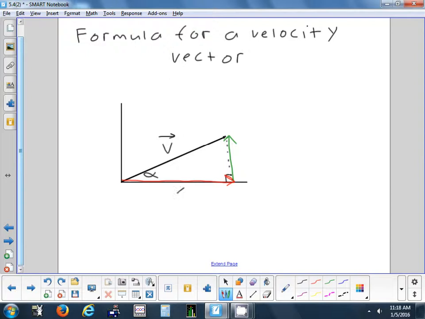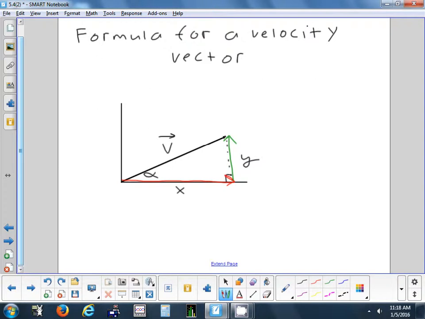For now, let's call these sides x and y. What I want to do is come up with a formula, using two trig functions, for this red arrow, and then separately a formula for this green arrow.